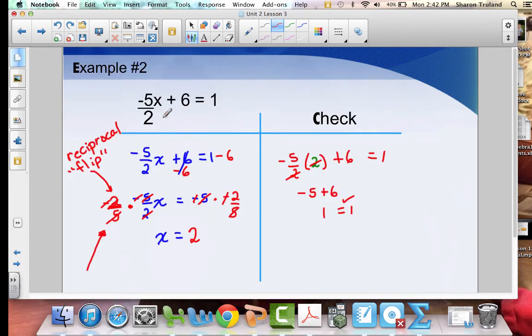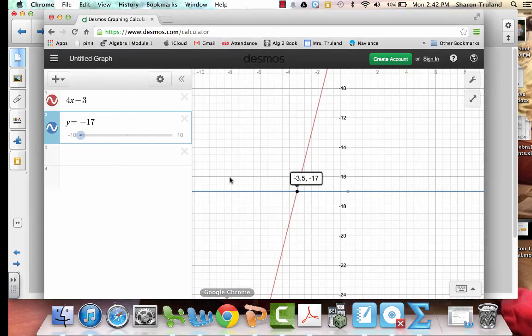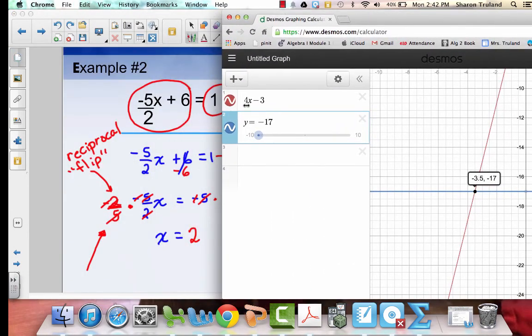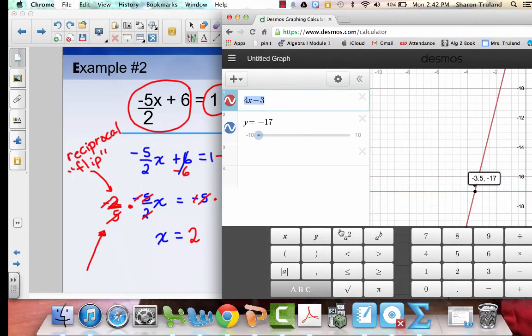I'm going to do the same thing right here. I'm going to look at this as two separate lines. I'm going to look at this as a line, and I'm going to look at this as a line. And now I'm going to go back to my friend Desmos. All right, so I'm going to type the first one in. Negative 5 halves.